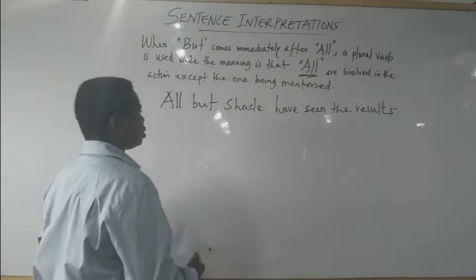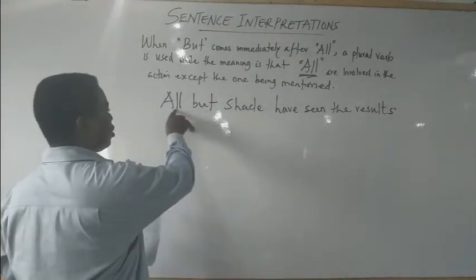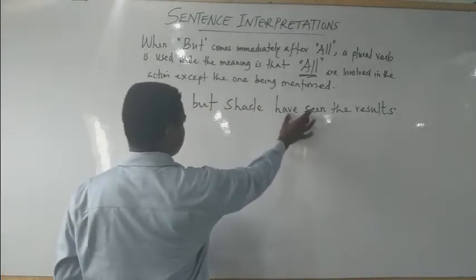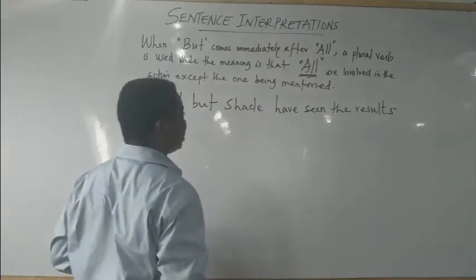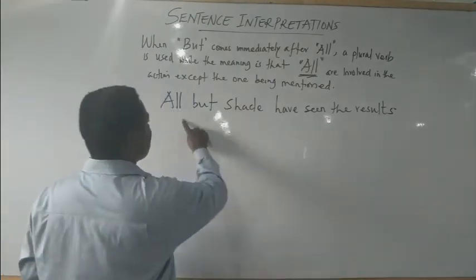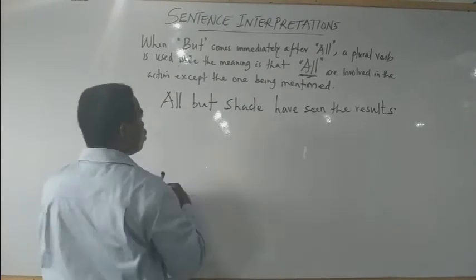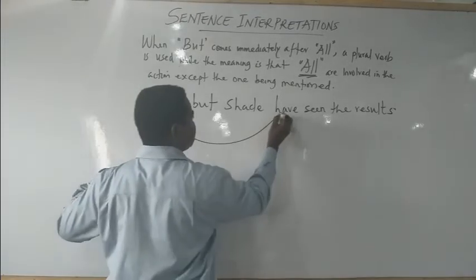Now let's see this. I said when but comes immediately after all, a plural verb is used. Can you see? A plural verb is used. Then the meaning of the sentence is that all are involved in the action except the one being mentioned. So you will use all to interpret the verb.